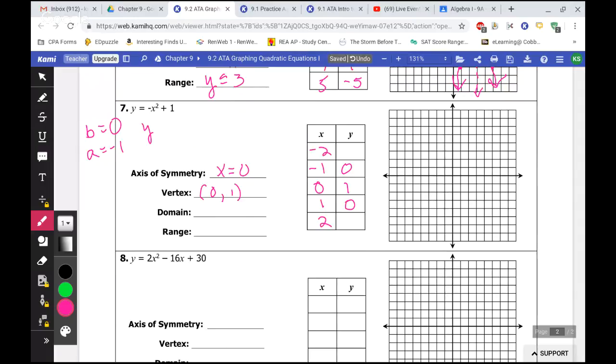So now I'm going to plug in my 2 into my original equation to find the y coordinate. Anytime I want a y coordinate, I plug the value of x back in.